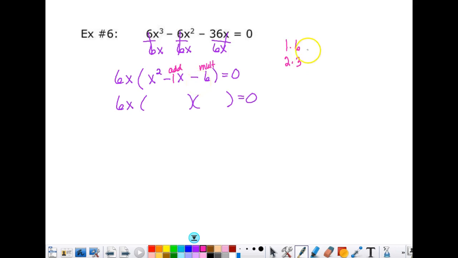That means the signs are going to be alike or different? They're going to be different. Yeah, different. Okay, so it could be a negative 2 or it could be a negative 3. Who's going to make a -1 when we add them? A -3, okay?